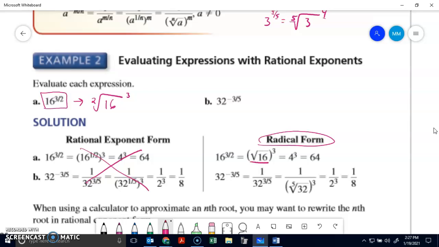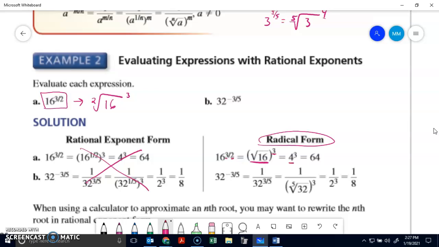Now, second root is the same thing as a square root. We just don't ever write the 2, so it's an unseen 2 when you write a square root. Why? Because the denominator of the exponent is a 2, so that's your index, unseen, and the numerator is 3, so that's your exponent. So the square root of 16 to the 3rd power.